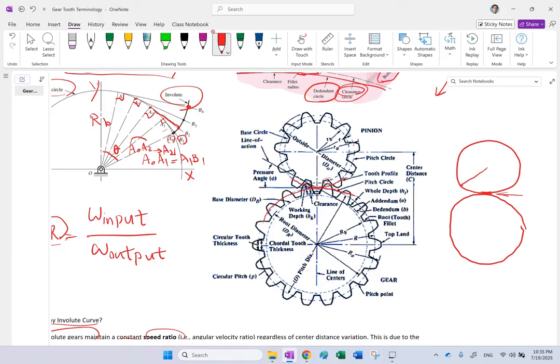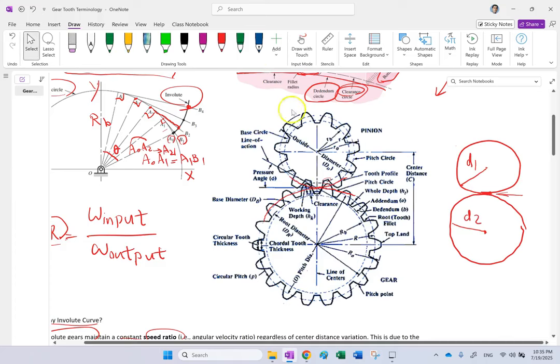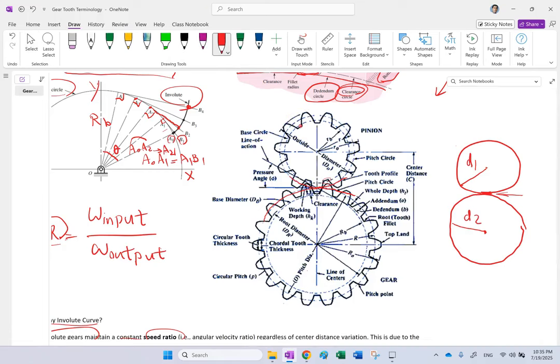So if you replace each one of them with an equivalent drum or a pulley, what would be the diameter of each one of these pulleys? The answer is the pitch diameter. So this is like D1, this is like D2. These are the equivalent diameters for these gears, equivalent in terms of what? In terms of the speed ratio.